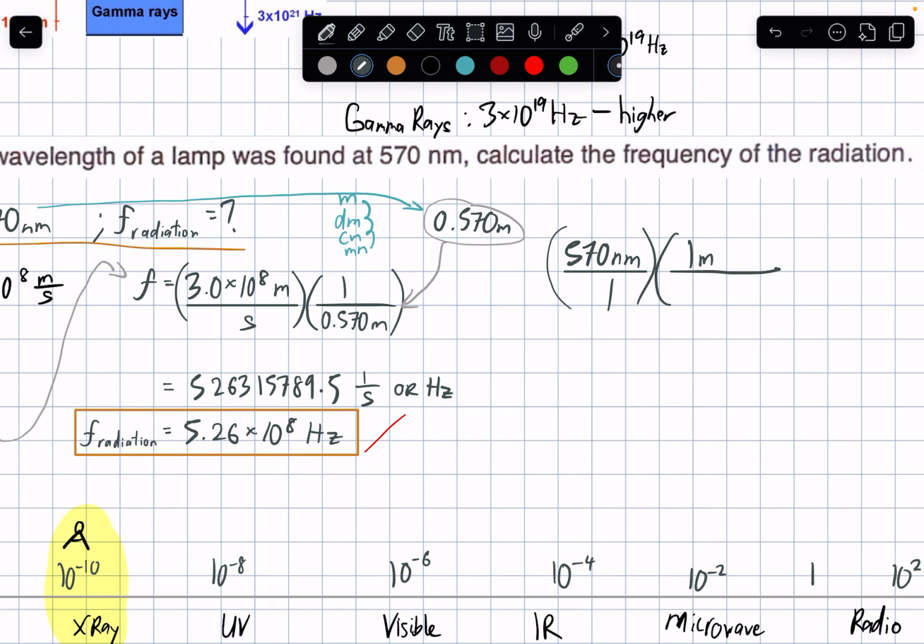So 1 meter is to what? 1 times 10 raised to 9 nanometers. After placing these values in the calculator, you would get, let me whip out my calculator in a while.